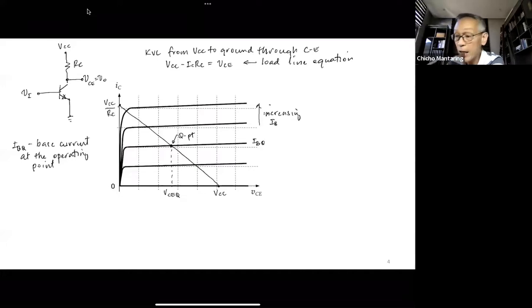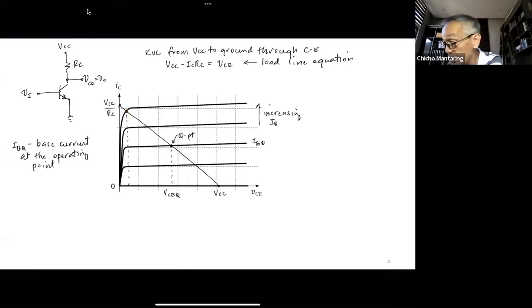So again, as we apply our input, small v sub i, that will cause our base current to increase, and therefore our operating point will go this way towards saturation. Notice that now this will be the minimum voltage across your transistor.